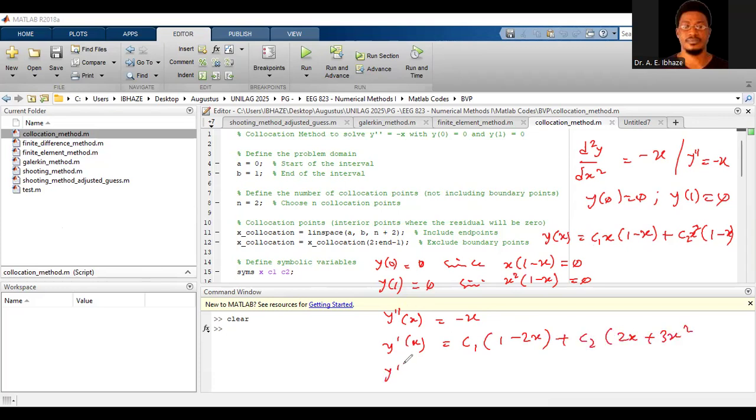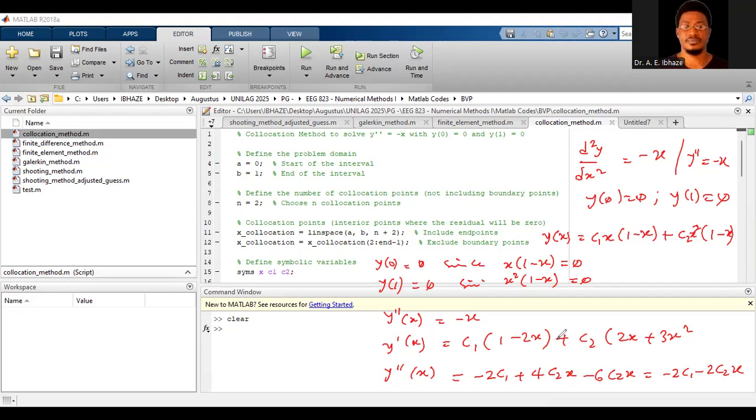Then the second derivative will give us -2C1 plus 4C2x minus 6C2x, which is the same as -2C1 - 2C2x.